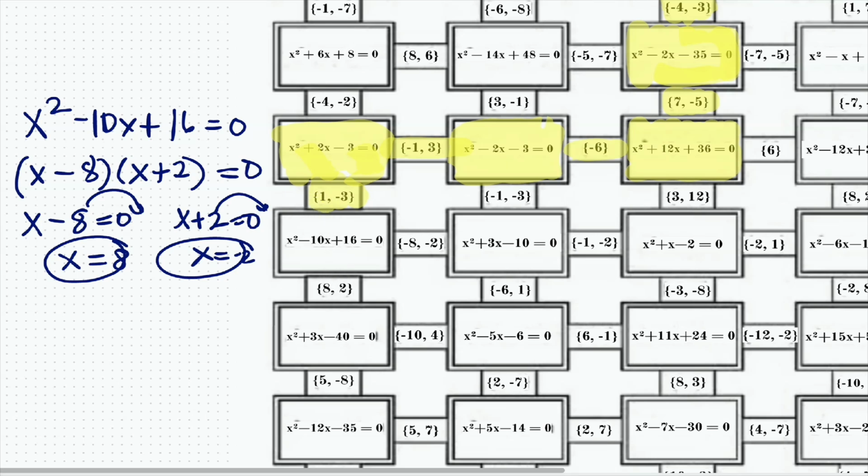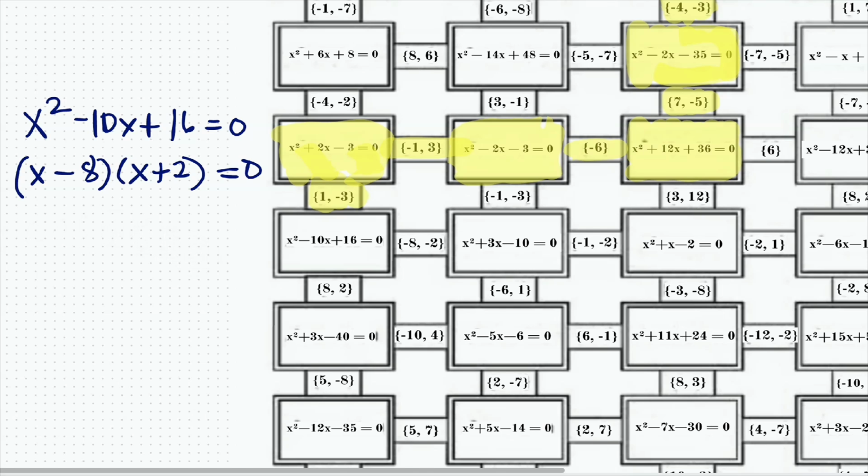Oh, I'm sorry. The signs would be different. Why? Because the sign of the 16 is positive. So let us change this one: x minus 2 rather. Negative 8 times negative 2 is positive 16. Negative 8 plus negative 2 is negative 10.